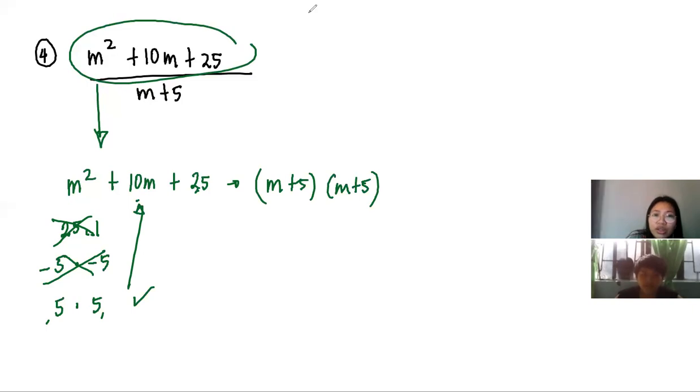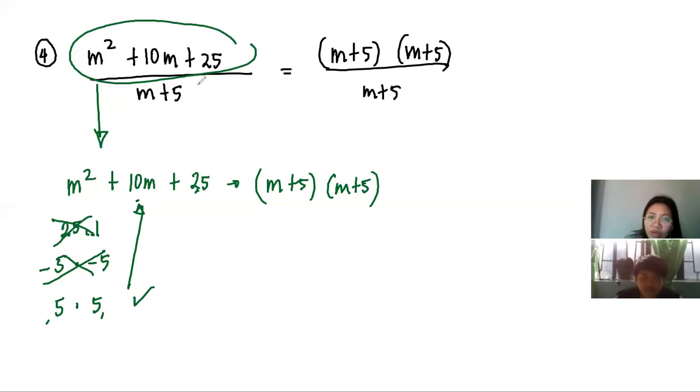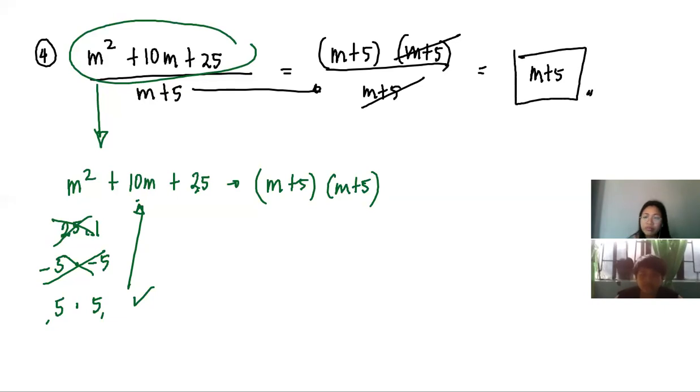So in terms of this one, it is m plus 5, m plus 5 over m plus 5. I just copied it, because that is the given. So, I cancel out the common factor. What is your answer? M plus 5. Okay? Another example.